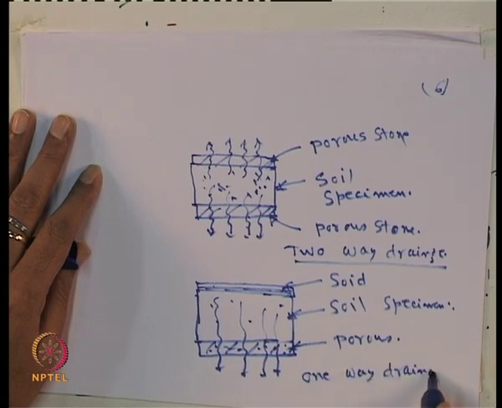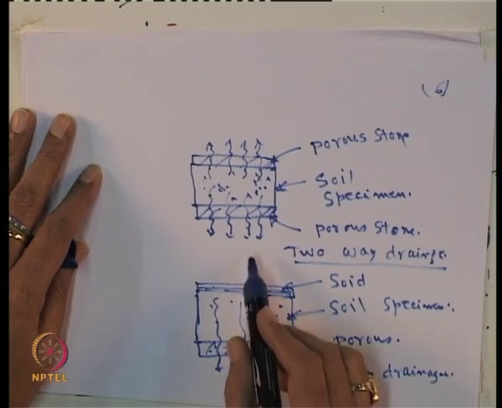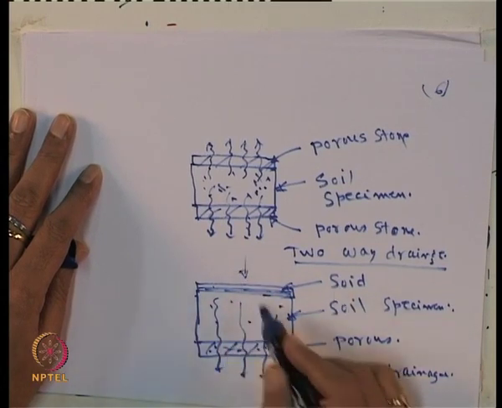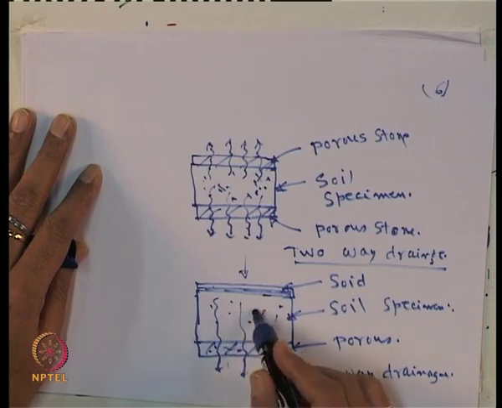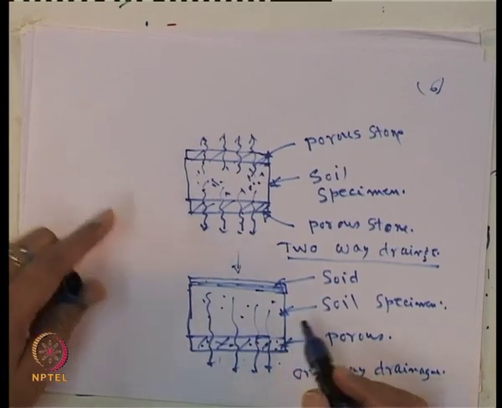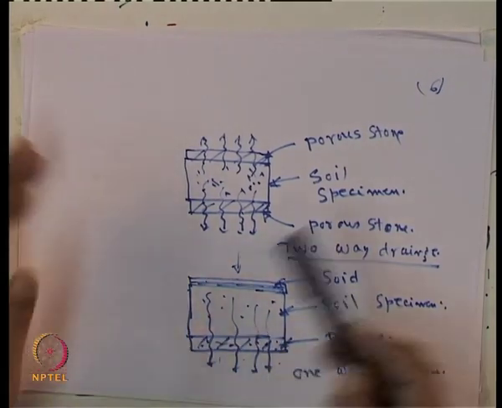So, drainage can also be done one way. Due to application of the load, there will be dissipation of excess pore water pressure from the soil sample. So, the soil sample may drain in both ways or it may be one way.